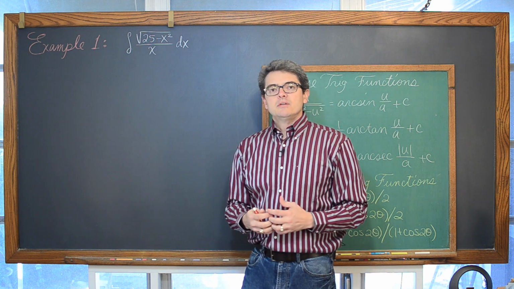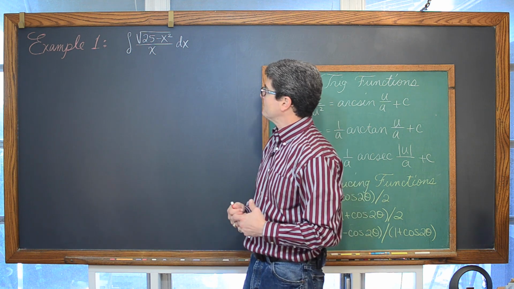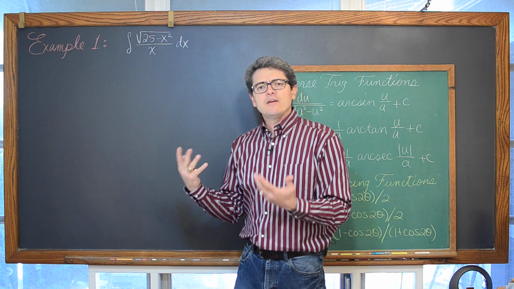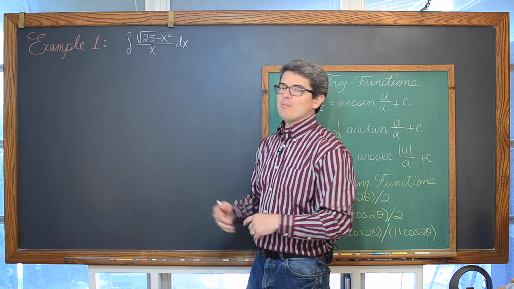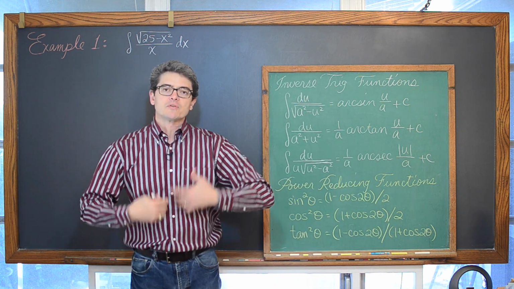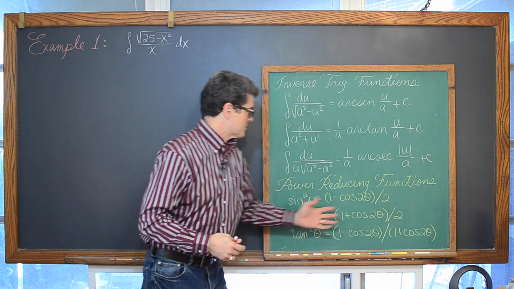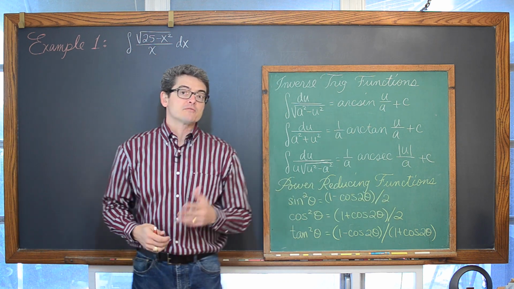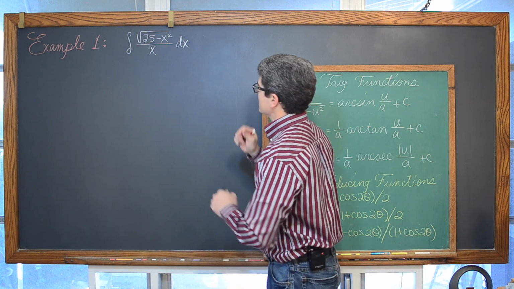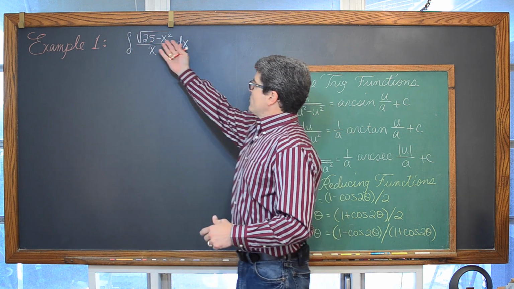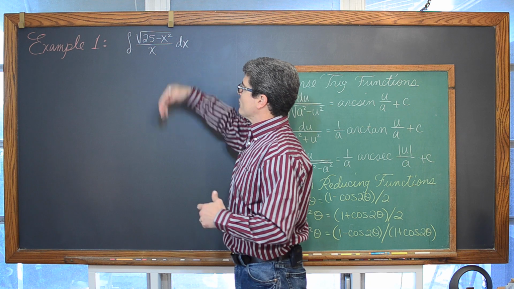But we don't have a direct comparison or issue here. And this is going to be a fairly basic problem for these types of questions, and my 4 examples are going to get more and more difficult as we go through them. And just as a resource, we're going to be using these power reducing formulas for an upcoming problem, but not for this one. Okay, so we don't have a u prime over u situation.